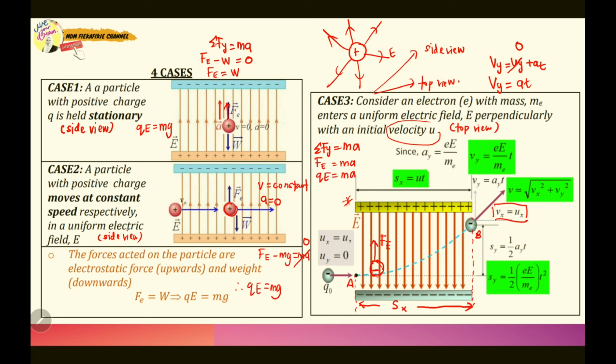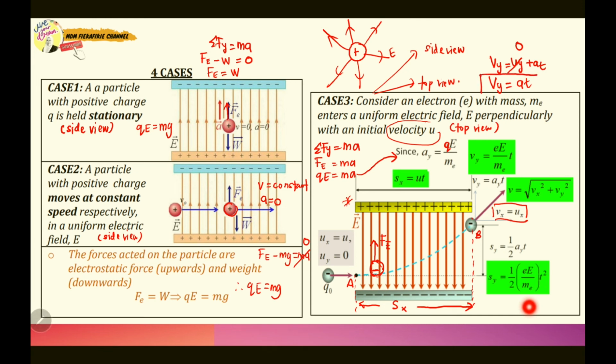Therefore, A is equal to, here I can put Q or you can put E. Since it's the electron charge, you put Q. Therefore, A is equal to QE over M, where M is the mass of the electron, Q is the charge of the electron.